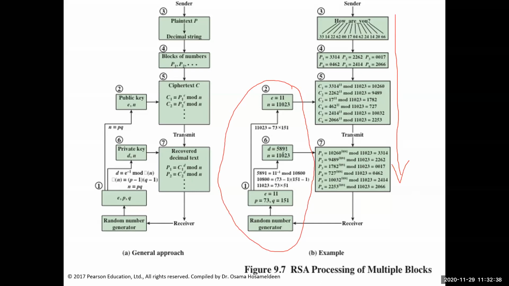But here, how to calculate this, it needs some calculations. It needs some mathematical background about the prime numbers, the co-prime numbers, the greatest common divisor, and many other concepts that you have to remember from previous chapters. But the algorithm itself is straightforward.